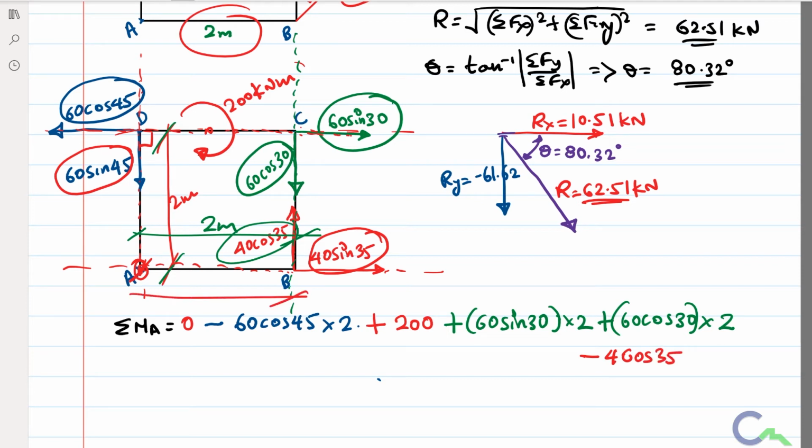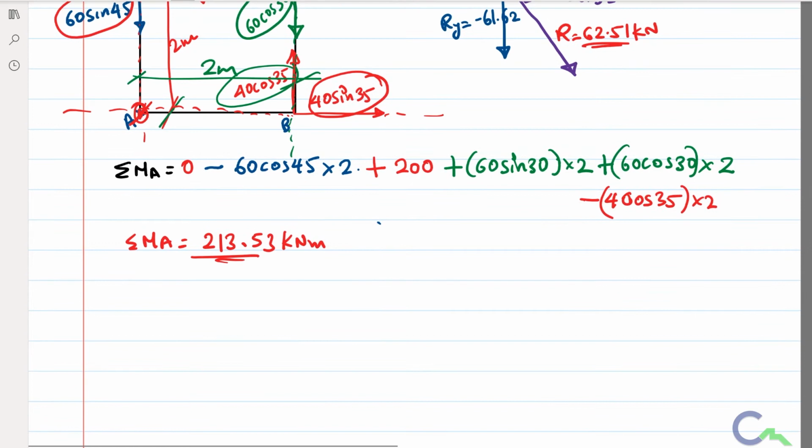The perpendicular distance is 2 meter: 40 cos 35 into 2 meter. So if I do the calculation, I will get sigma MA is equal to, so sigma MA value is 213.53 kilonewton meter.